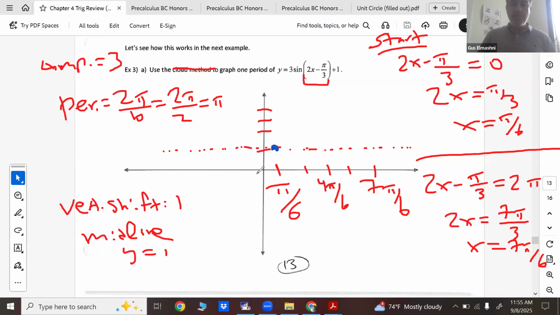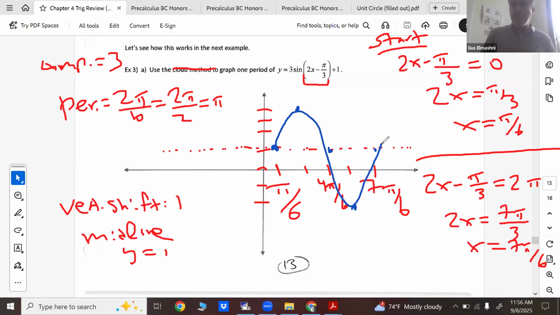So 1, 2, 3. It's not really doing the cloud method, really. I just kind of understand my knowledge of trig functions. And then I just do this. And we have to go 3 up, 3 down. Very important. That should go down to here. Okay, I did a terrible job, but I could do better. That's fine. But you get the idea, right?